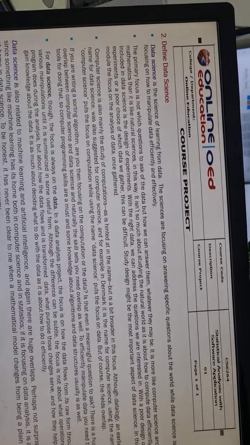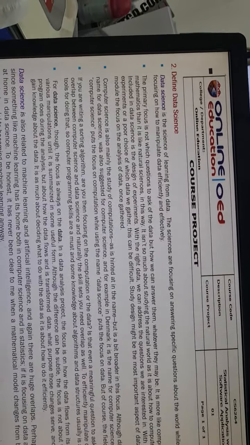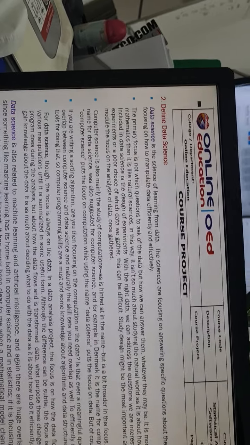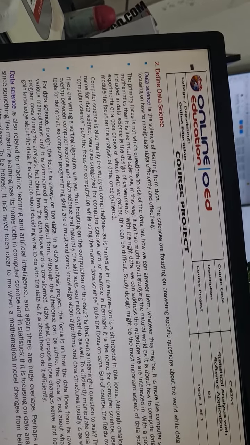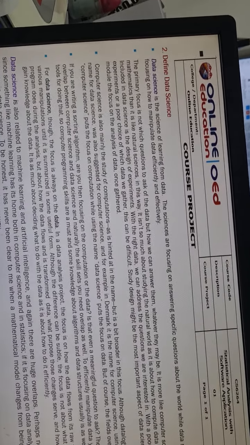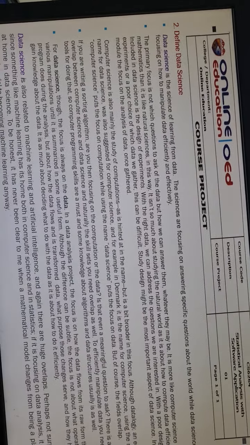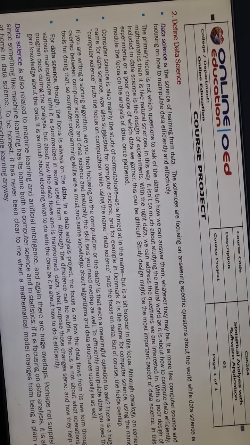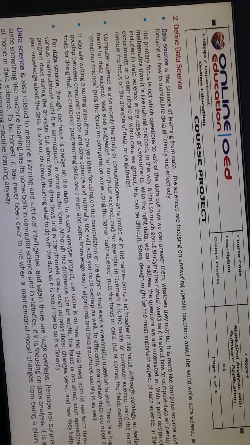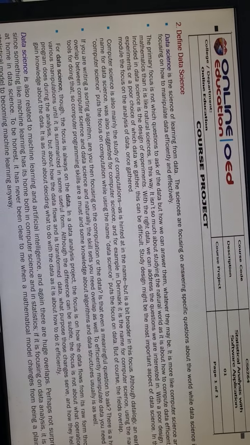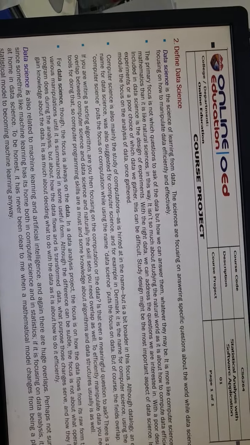It is more like computer science and mathematics than it is like the natural sciences in this way. It isn't so much about studying the natural world as it is about how to compute data efficiently. Included in data science is the design of experiments.